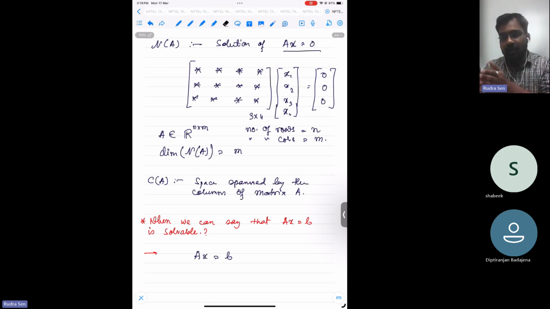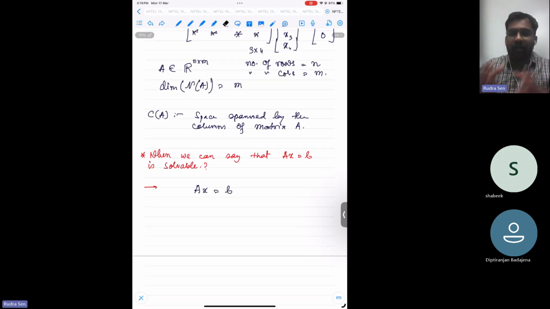So if b lies in the column space, meaning we can create the b vector by a linear combination of the columns of A, then Ax equals b is solvable.